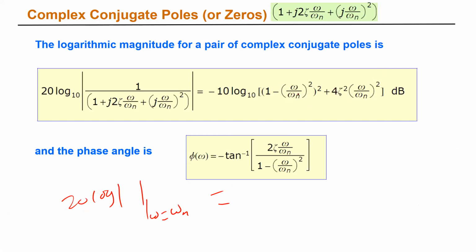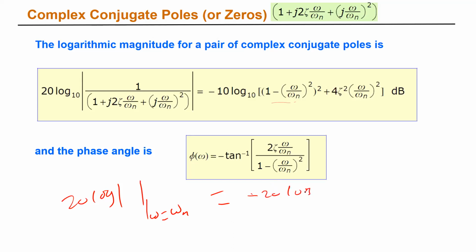If omega equals omega n, this part will be 0, this part will be 0. How about this part? This will be 4 zeta squared. So if I put a 2 in here, it is going to be minus 20 log of 2 zeta.